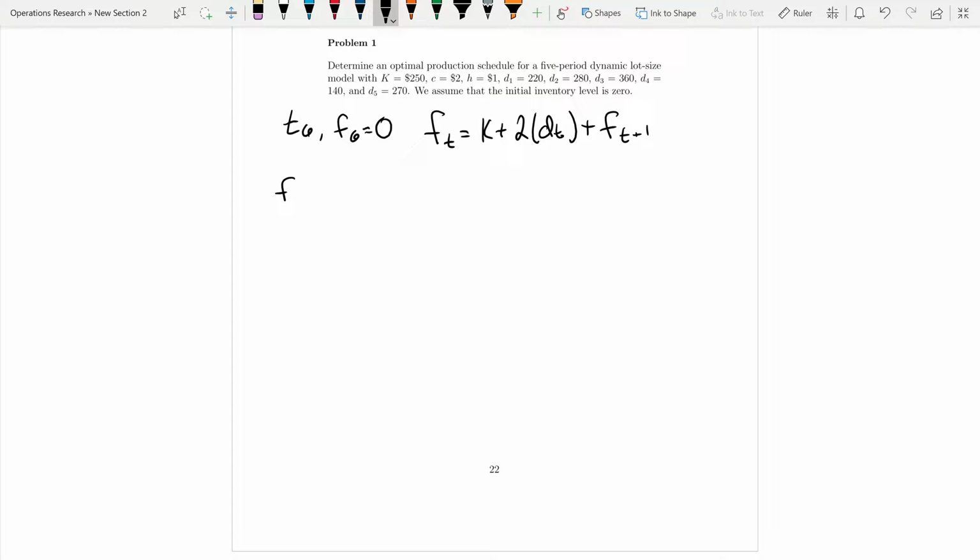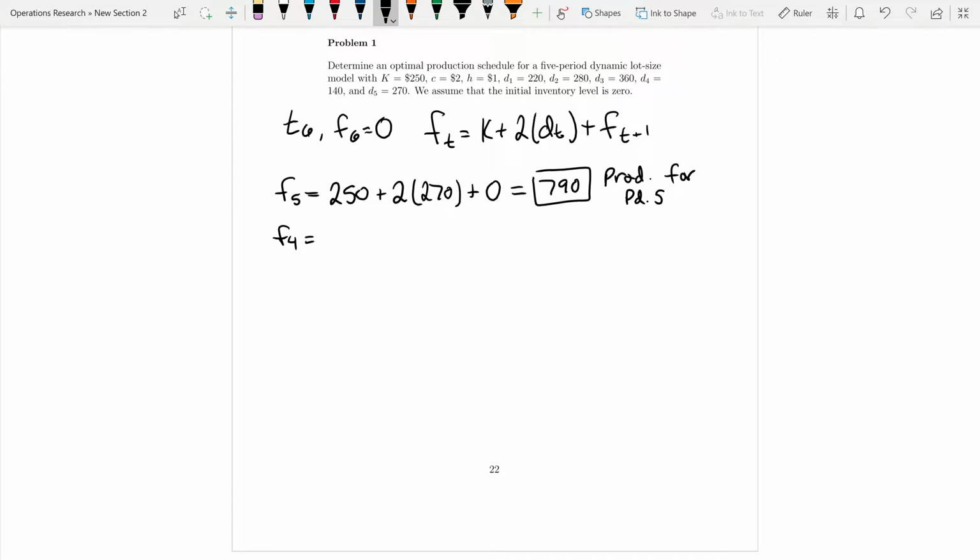So F sub 5 is going to be equal to K, which is 250, plus 2 times D sub 5, which is 270, plus F of 6, which we defined as 0. And this is just going to give us 790 here, which is going to be our production for period 5.